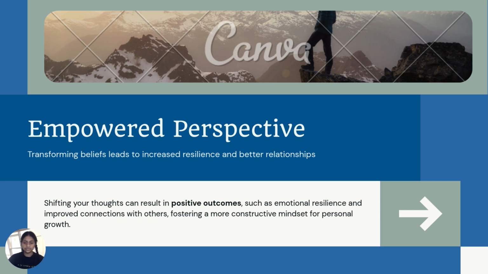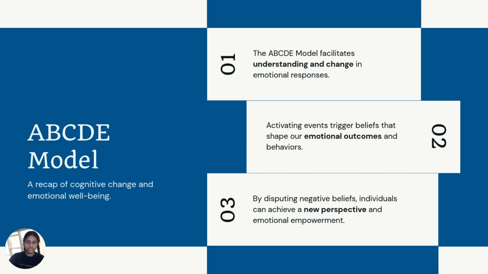So, empowered perspectives don't just help us feel better; they help us live better. Now, let us review what we learned about how our thoughts affect our emotions and behaviors using the ABCDE model.